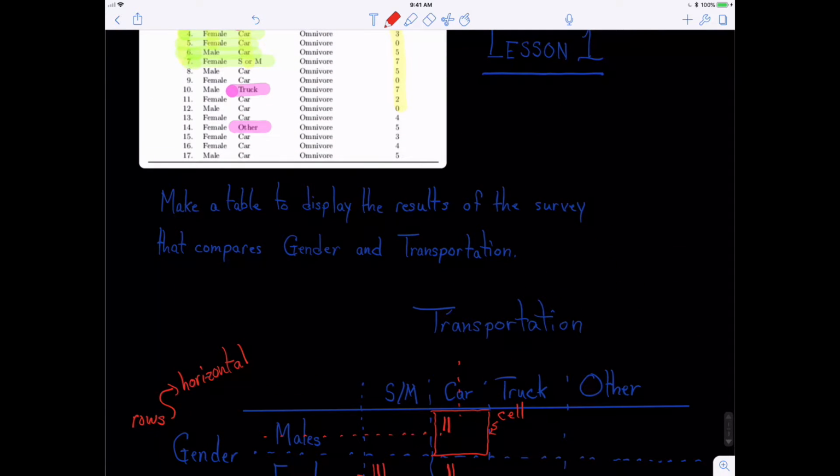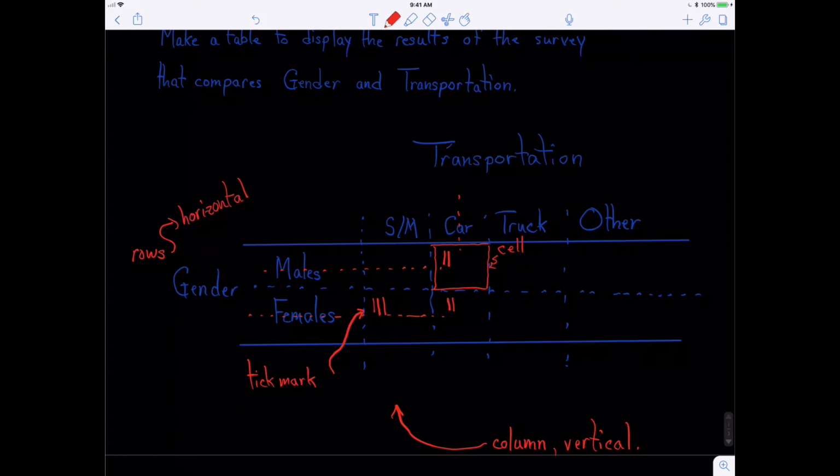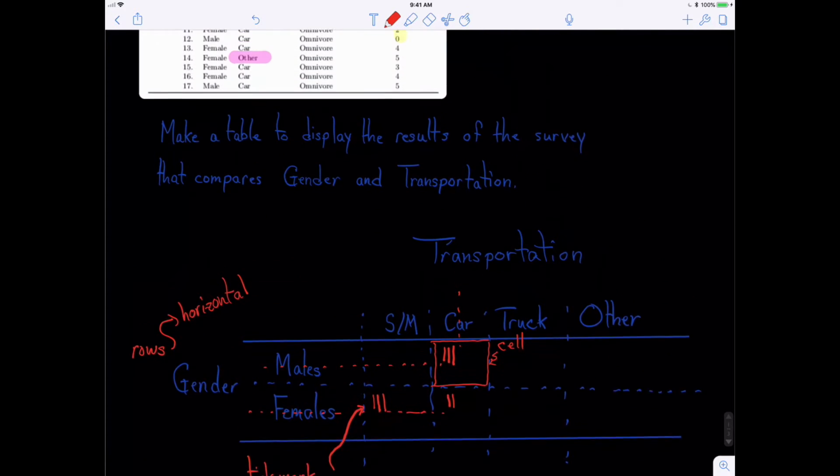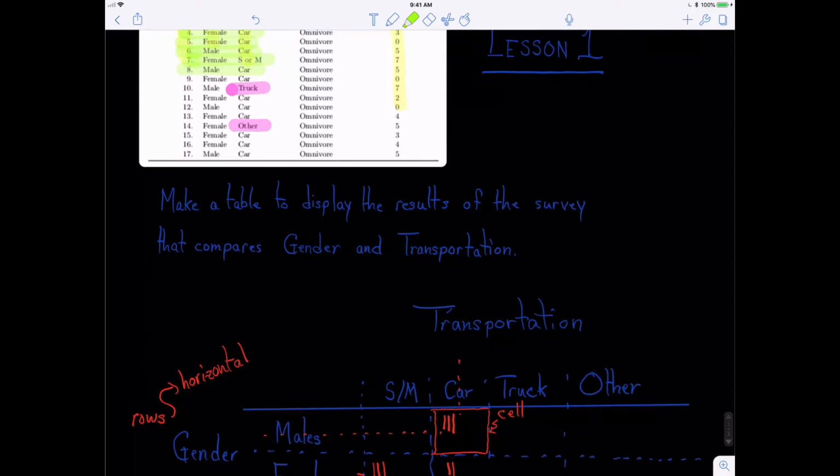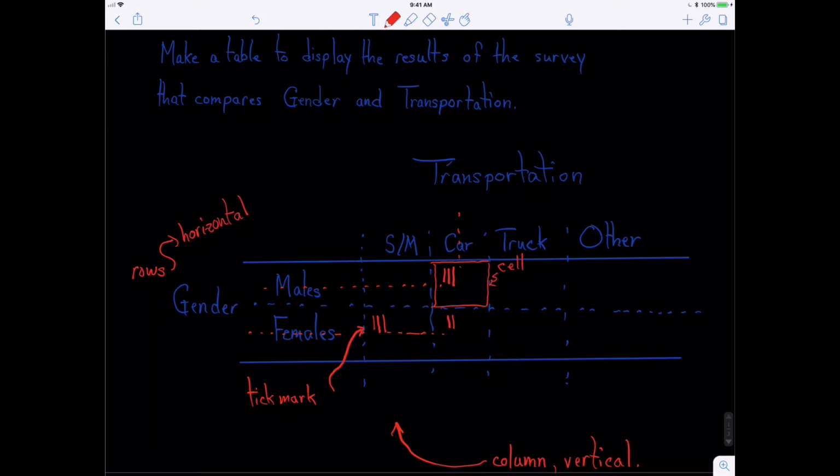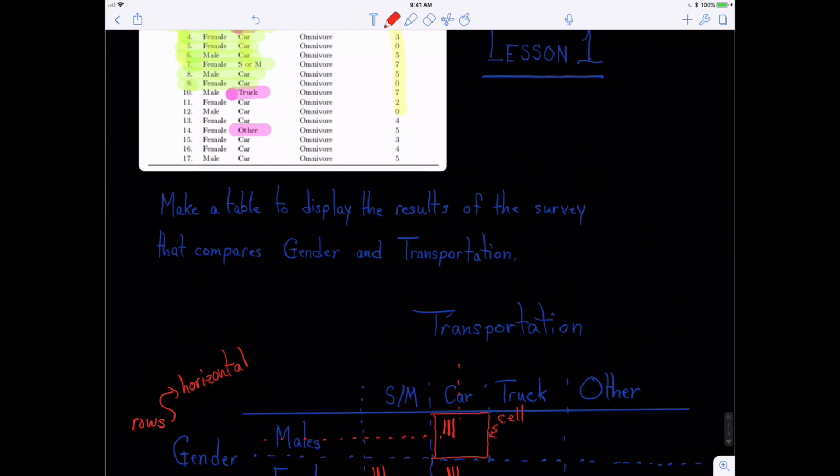Come back up. And we're going to do this for every piece of data. It might seem a little redundant, but it's good to keep practicing. So male driving a car is our next person. So that's another tick mark there. My next person is a female in a car. So female car gives me my third tick mark in that cell.